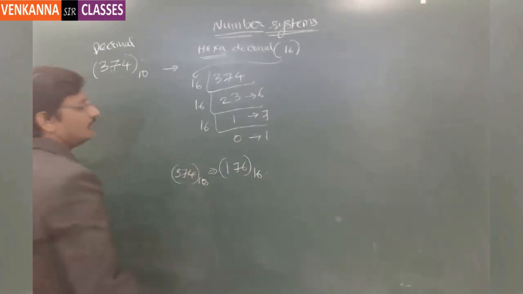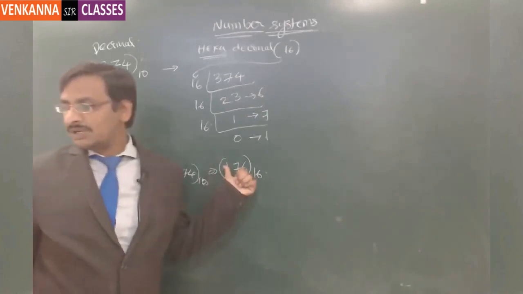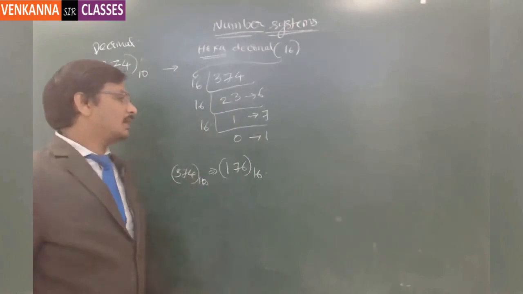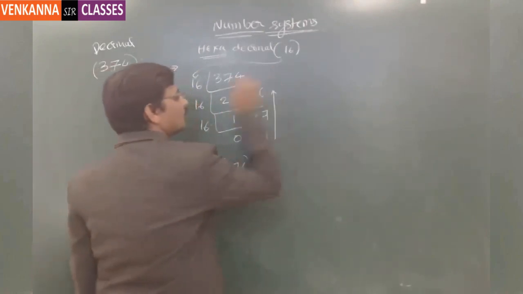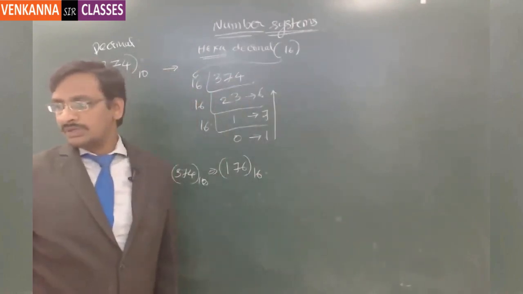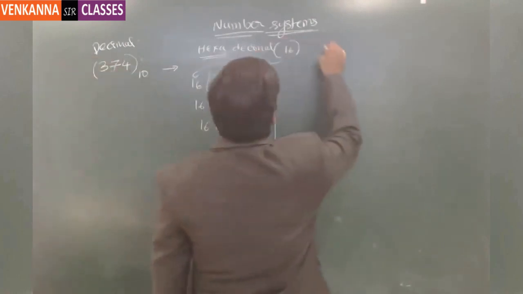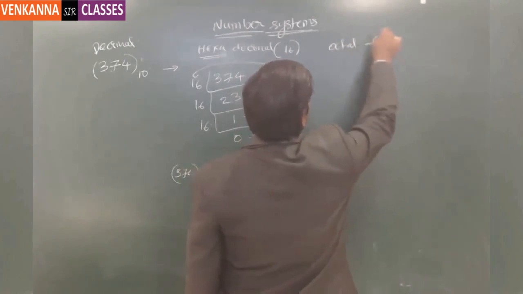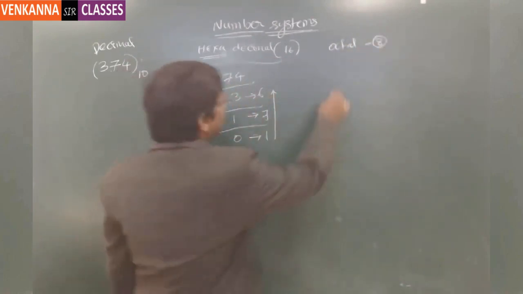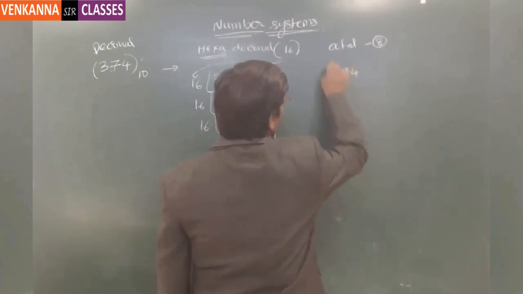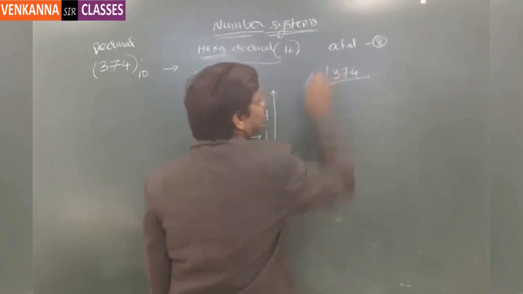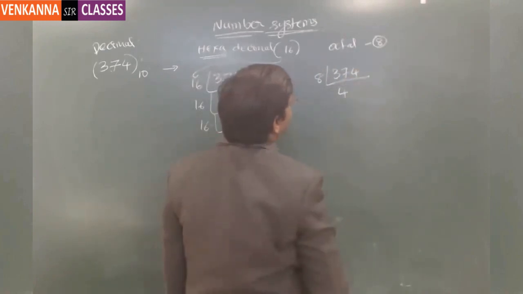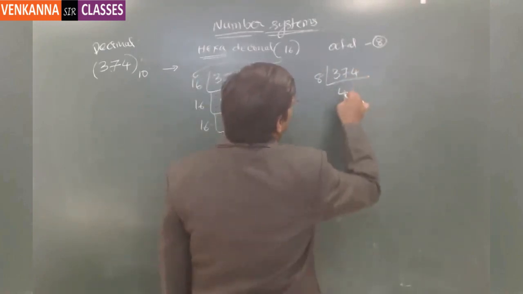So this is how you can construct a hexadecimal number from the decimal number: repeatedly dividing, taking the remainder, and writing from bottom to top is the method. Got it? Now if you take the same thing for the octal number system, this is base 8. So with base 8, 374, you divide by 8. Four times 32, and then 54.